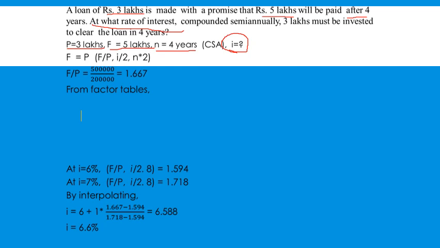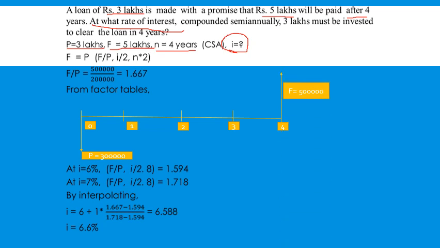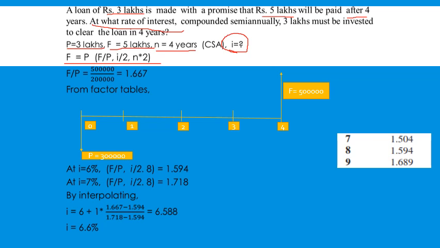So first let us draw the cash flow diagram. Timeline of 4 years. P is 3 lakhs. F is 5 lakhs. I is equal to what? From factor tables, F by P, let me use the formula. F is equal to P into (F by P, comma, I by 2). Why I by 2 here? Because it is compounded semi-annually.